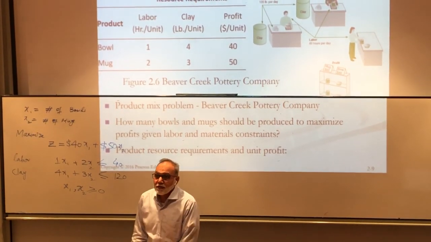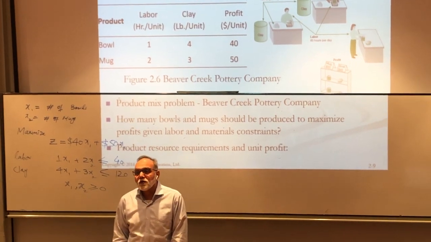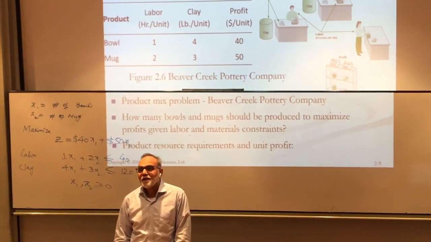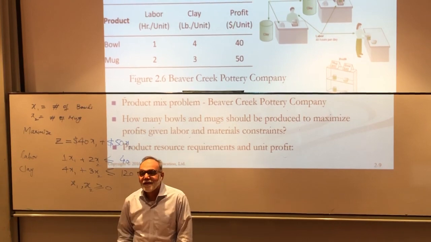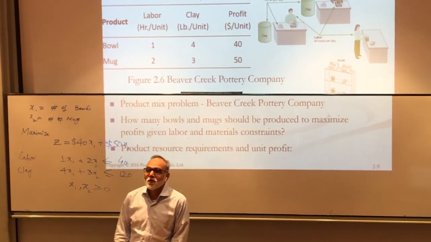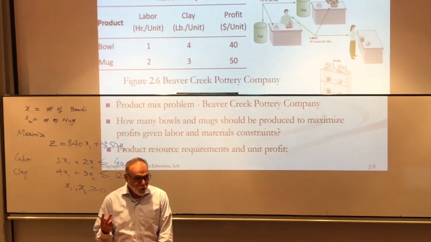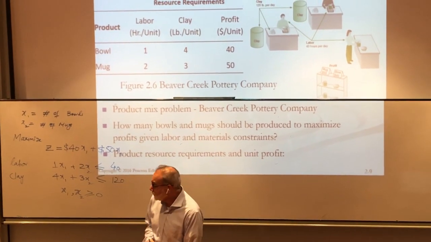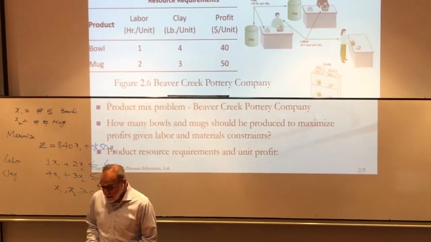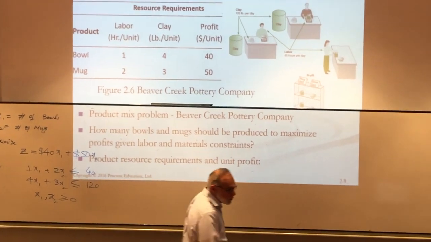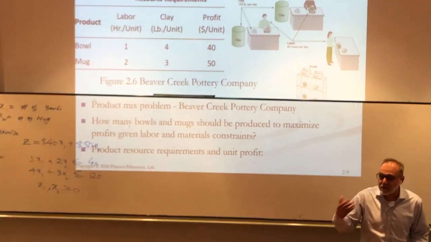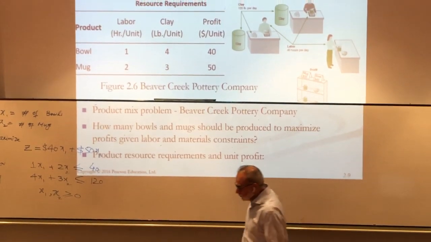So in this chapter, the problems we are going to see are only with 2 decision variables. Let me solve this problem and then we will go through these slides quickly.